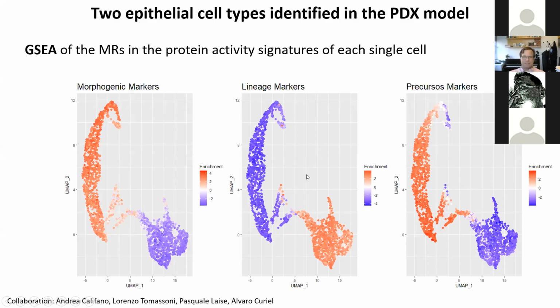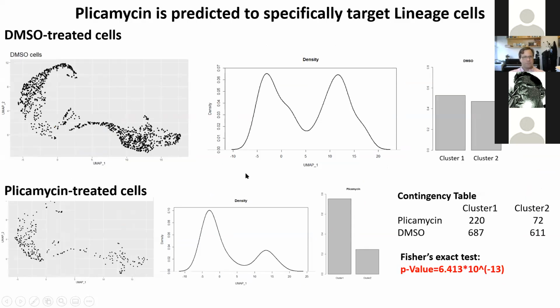As an example, one of the drugs that we predicted for this group of cells here is a drug called plicamycin. We expand the next generation of tumors in passage 2 and treat those tumors with either DMSO or plicamycin. You can see that there's a change in the distribution of cells between these two different clusters.